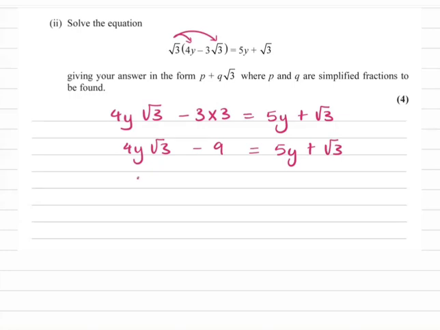So I'm going to keep all the terms with y on my left side of the equation. So it means I'm going to have to move the 5y to this side. So it's become -5y. I also move the -9 to this side, so it becomes a +9. So effectively, I have a √3 plus a 9.